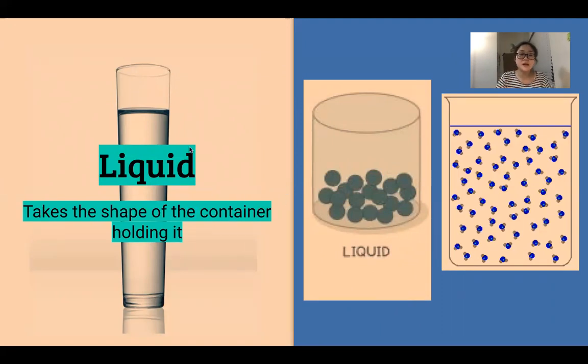Which, let's say if we were to melt the magical ice cube, it would become a liquid. Now, how we define a liquid is that the matter takes the shape of the container holding it. And so as we see here, we see the molecules inside this container as well as over here. They're freely moving around, right? And so I have a little diagram here for you.